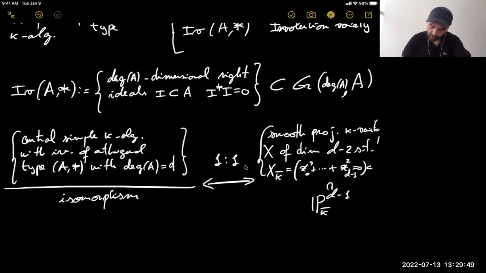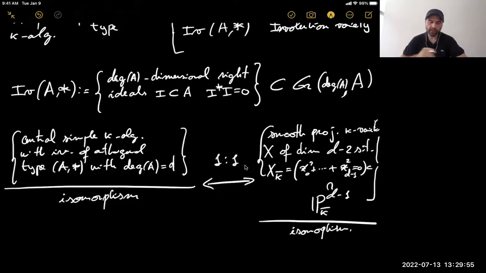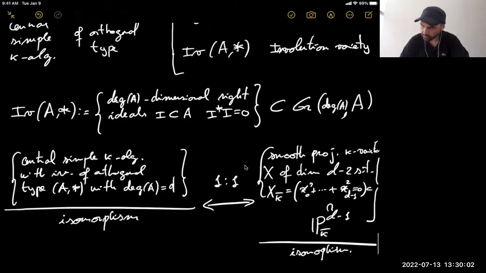And then you consider all those up to isomorphism. So it's really similar to Severi-Brauer varieties. It's actually a closed subvariety of the Severi-Brauer variety of A.